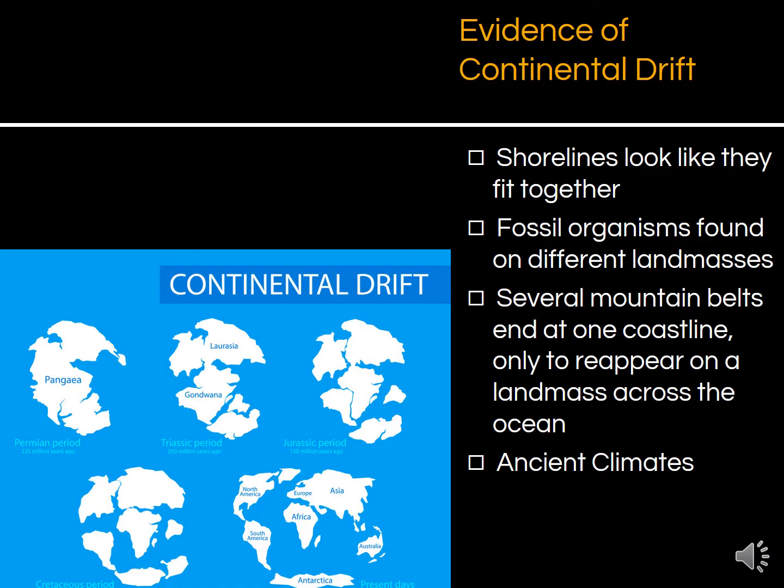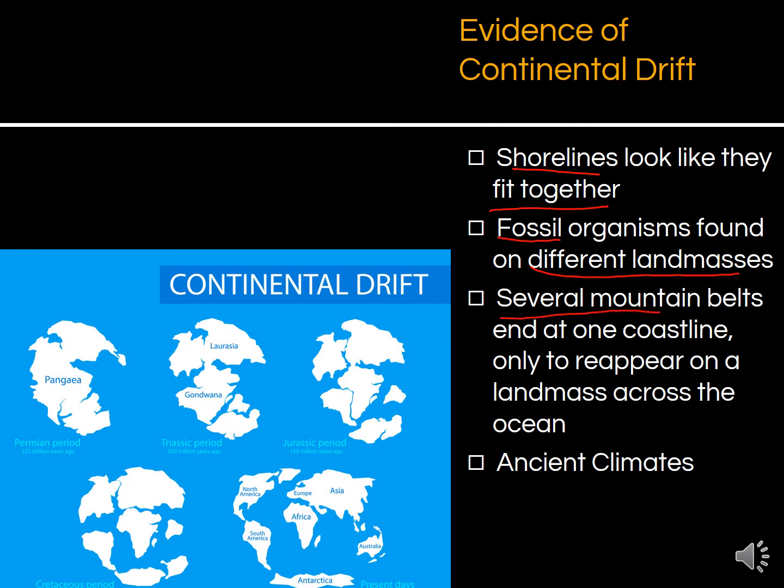Now, how do we know this even happened? We're hearing he-say, she-say stuff, but how is it really true? Well, the shorelines look like they fit together. We have found fossils. A fossil is the remains of something that was once living, found to be the same on different land masses.